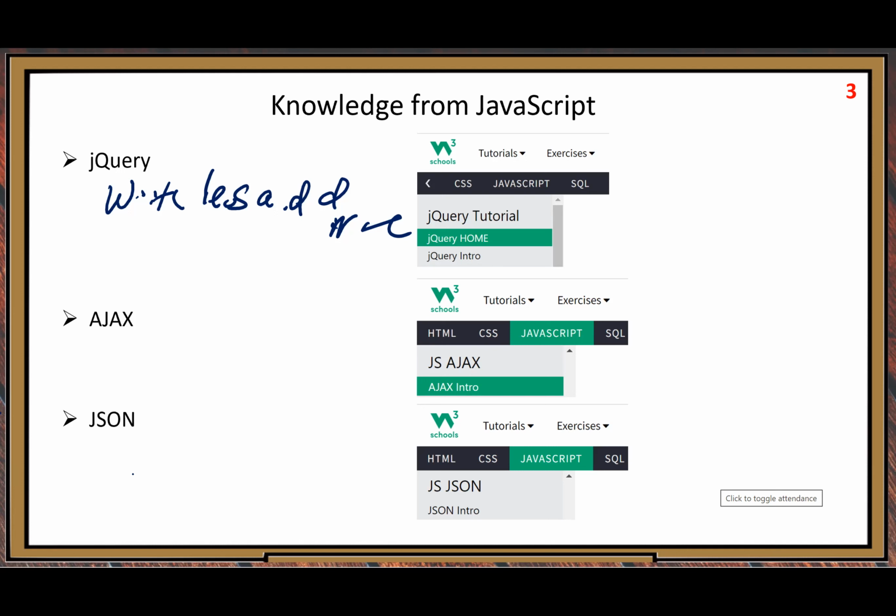Then the third one, JSON. JSON is also for data exchange between different servers, client and server, or server and server. So why do we use JSON?